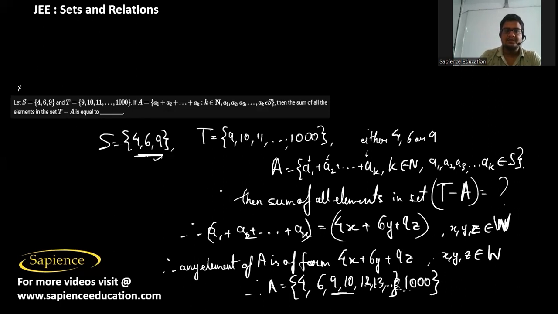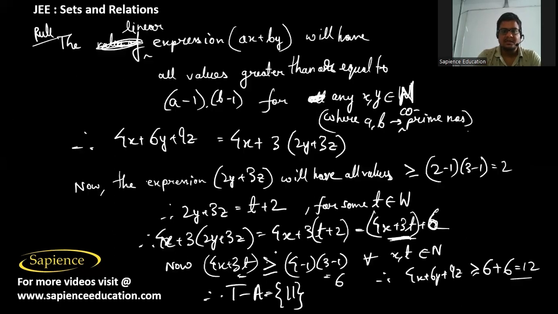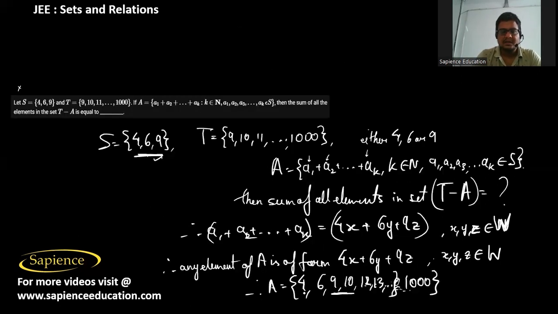So t minus a will be only 11, since 11 does not belong to the set A, but it belongs to the set T. So 11 is the only element in this set. So the sum of all the elements in the set T minus A will be 11.